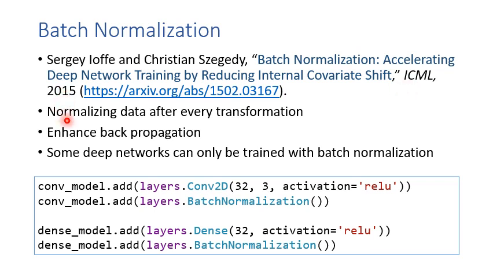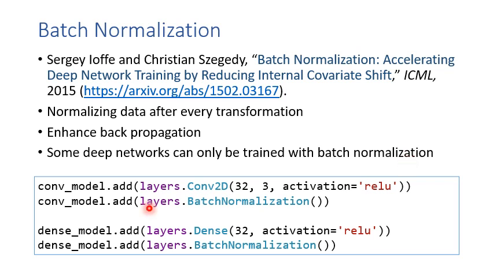The basic idea is to normalize data after every transformation. And the authors showed that it can enhance backpropagation. And also some deep networks can only be trained with batch normalization. So this technique is very helpful.